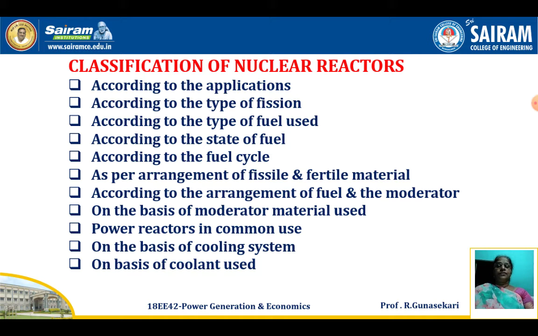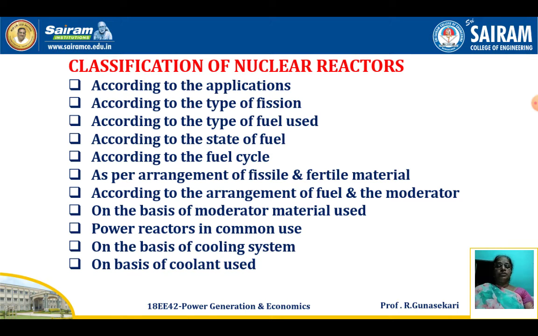The next classification is based on the fuel cycle. The next is based on the fissile and fertile materials. Already we know uranium-235, plutonium, then uranium-233 are fissile materials. Fertile materials also include plutonium and uranium-233.